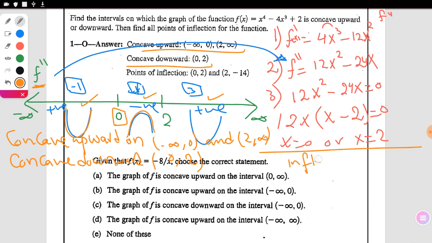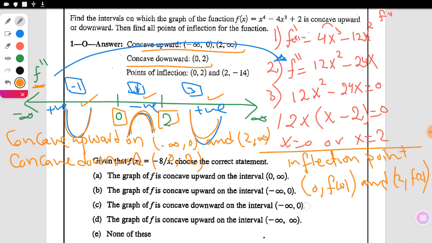So we have an inflection point at the first point 0 and f of 0. And the other point is at 2, where the concavity changes from downward to upward, and f of 2.